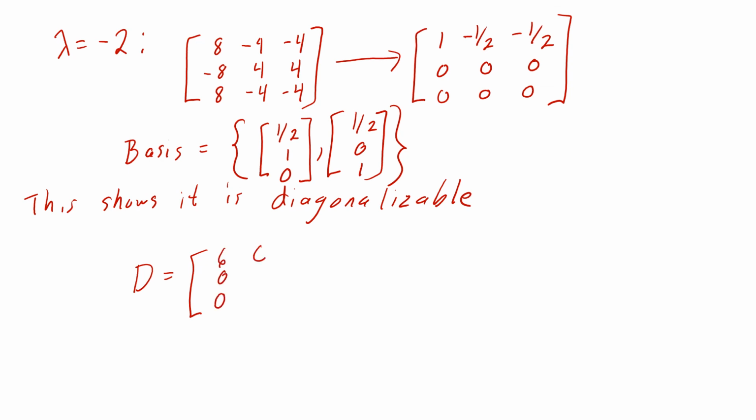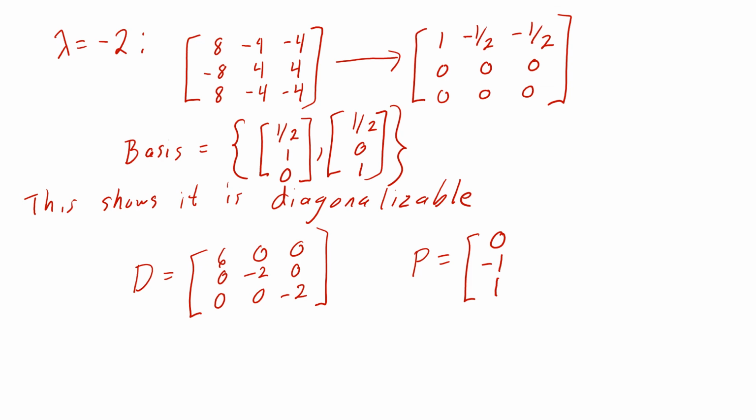6, 0, 0, 0, -2, 0, and 0, 0, -2. The -2 has multiplicity 2, so it appears twice. Our matrix P, the columns of P now are the basis elements of our eigenspaces. So the eigenspace for the first eigenvalue had a basis of a single vector of 0, -1, 1. Our second eigenspace had multiplicity 2.